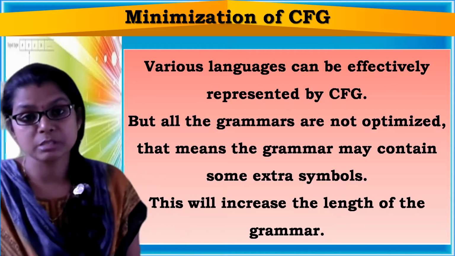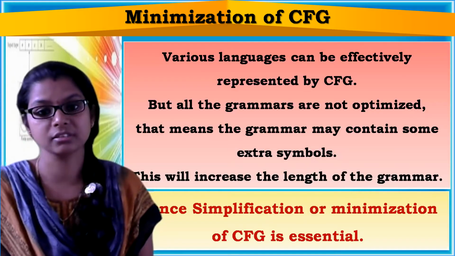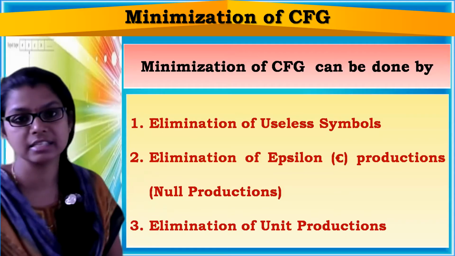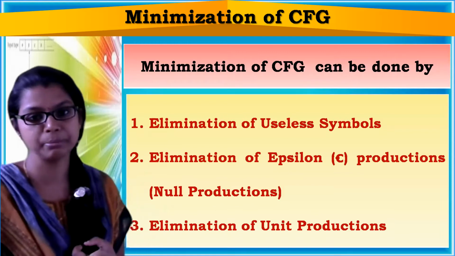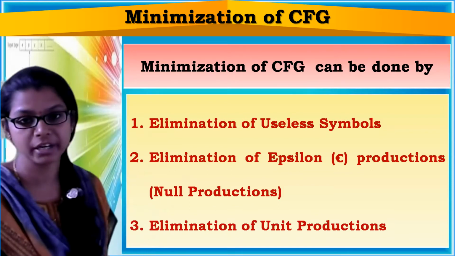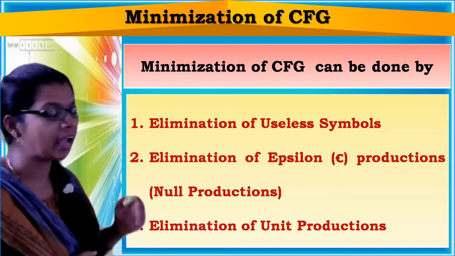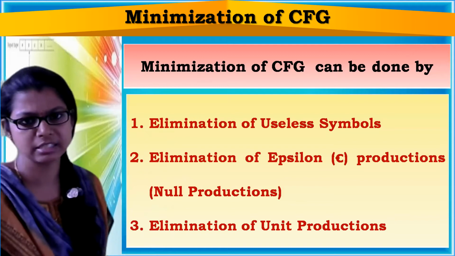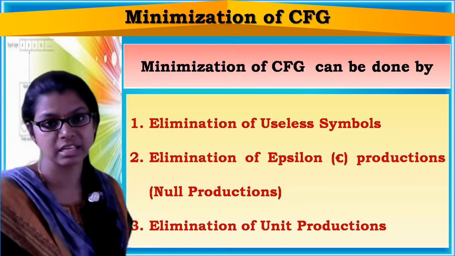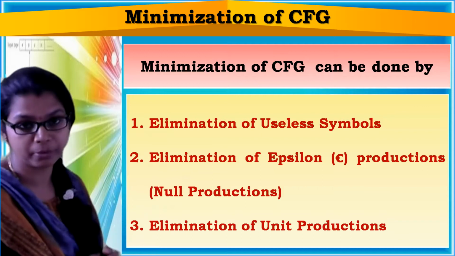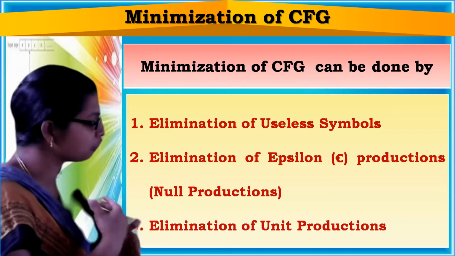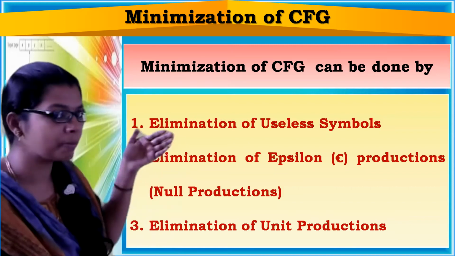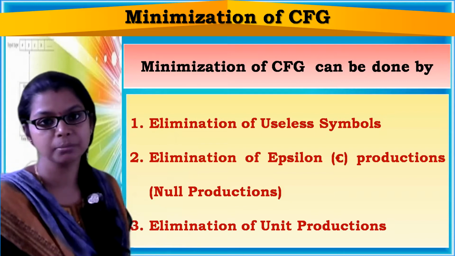Now, this minimization of context-free grammar can be done in three steps: elimination of useless symbols, elimination of epsilon productions, that means null productions, and elimination of unit productions. We will get to know when a symbol is useless, what epsilon productions are and how to eliminate them, and what unit productions are and how to eliminate them.